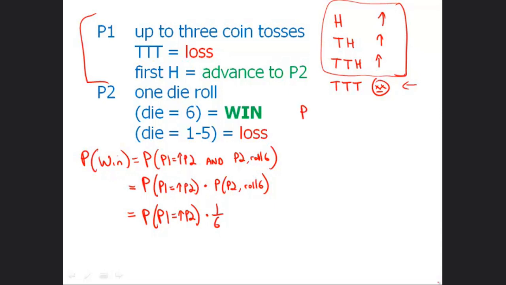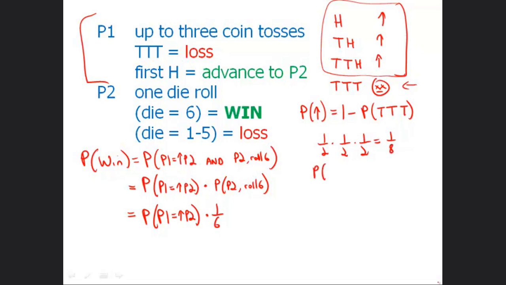So the probability of advancing on phase 1 is 1 minus the probability of losing. Of course, the probability of losing is the probability of flipping 3 tails in a row. Well, what's the probability of flipping 3 tails in a row? Well, tail and tail and tail, that would be 1/2 times 1/2 times 1/2, which is 1/8.